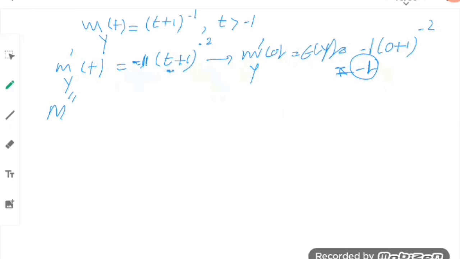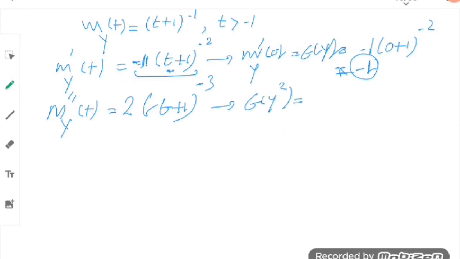The derivative is negative 2 times negative 1, which is 2, times t plus 1 all to the power negative 3. So the expected value of y squared is the second derivative after substituting t equals 0. This will be 2 times 0 plus 1 all to the power negative 3, which is 2.